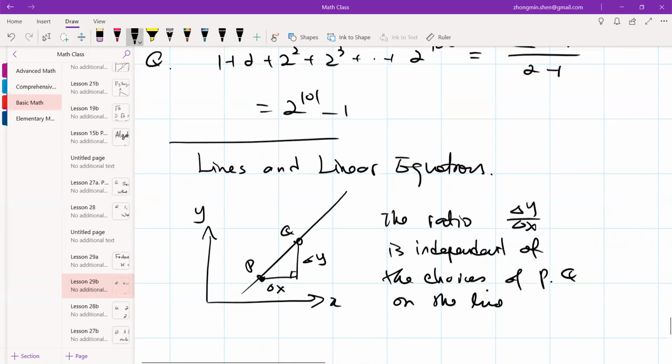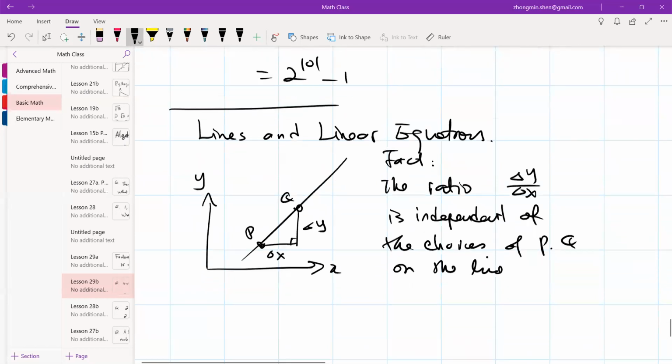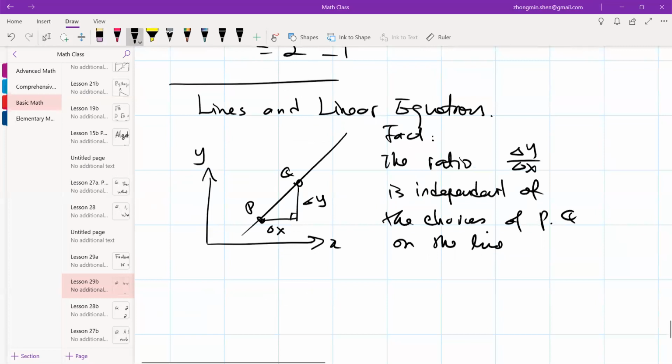So this is an important fact. You can prove that using similar triangles later, but we are not going to prove that. This is an important number. It is called the slope.